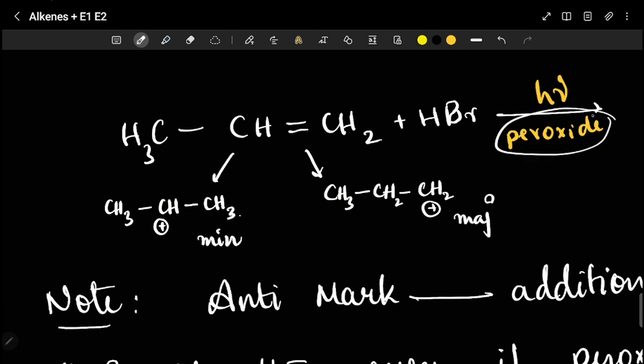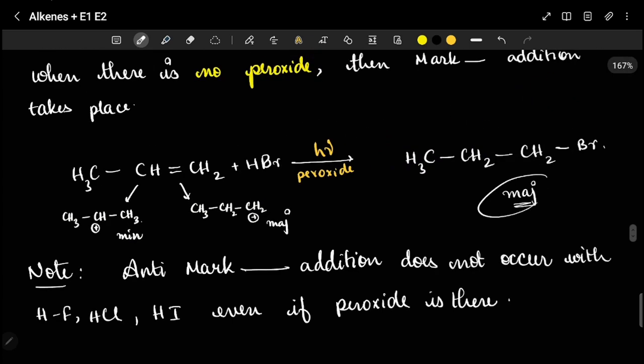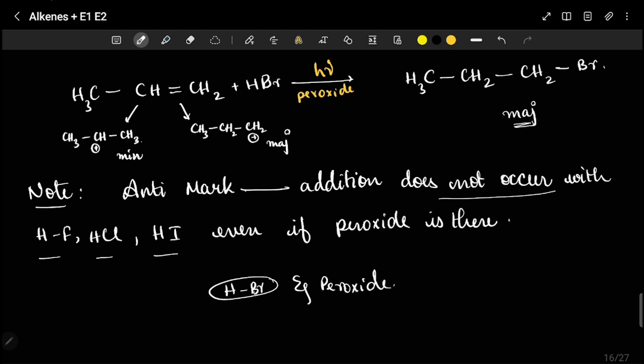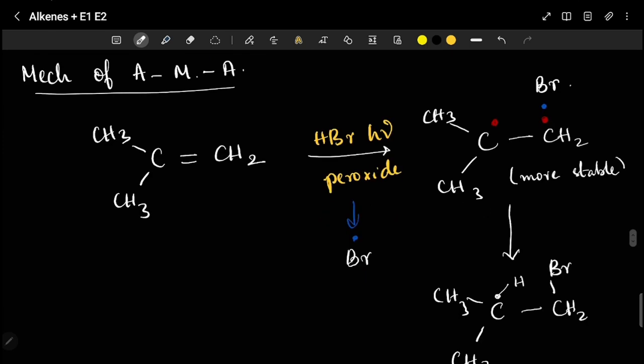This is called the peroxide effect, and this happens only when there is peroxide. So we saw the major product will be this one. The Br attaches to the positive charge. Anti-Markovnikov addition does not occur with HF, HCl, HI. It only occurs with HBr and peroxide. This is called the peroxide effect, or anti-Markovnikov effect.